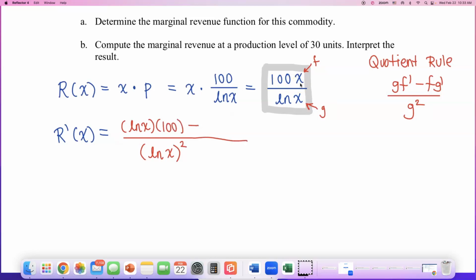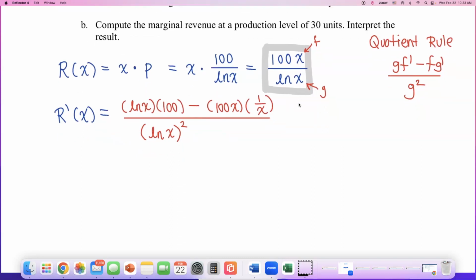Make this fraction bar a little bit longer. Write down f, which is 100x, and I need to multiply this by the derivative of the denominator function. So what is the derivative of natural log of x? Well, that will be 1 over x.